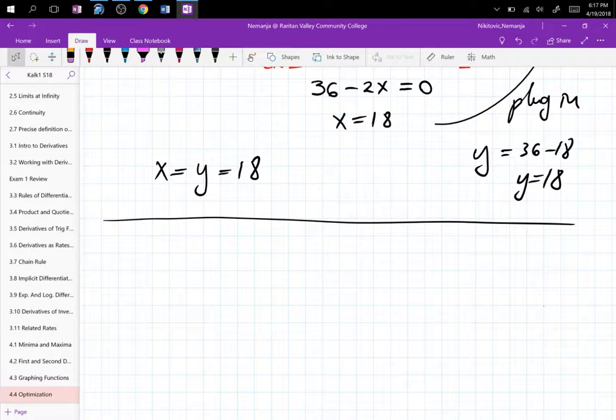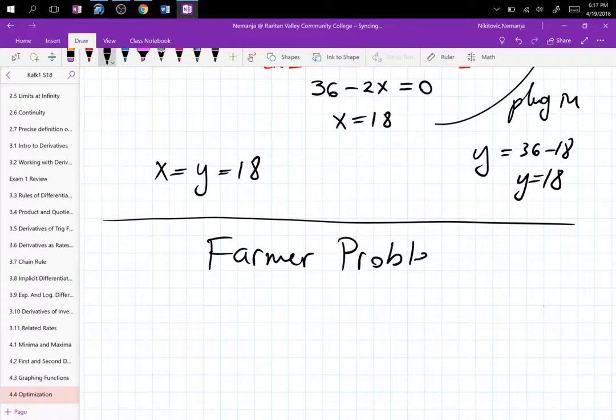All right. So let's put this into perspective now. I should really change the title of this into Farmer Troubles. So what do we have?